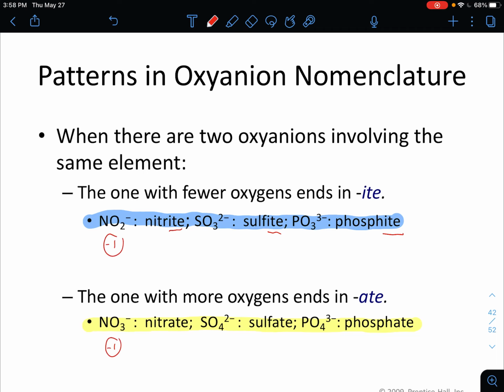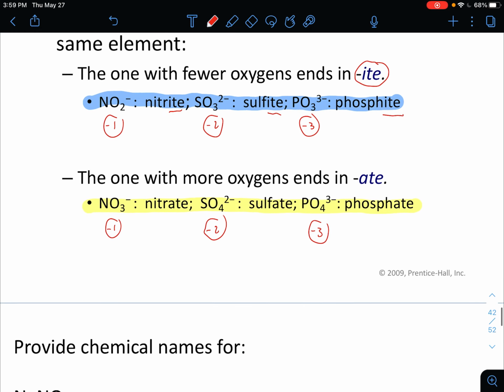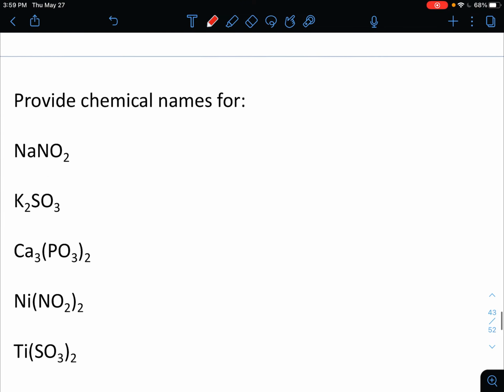Nitrate is -1, so is nitrite. Sulfate is -2, so is sulfite. Phosphate is -3, so is phosphite. But the name is going to change. So if I learn my parent ions, then I just need to know when I change ATE to ITE, I'm going to drop 1 oxygen from the parent formula, but it's not going to change the charge.